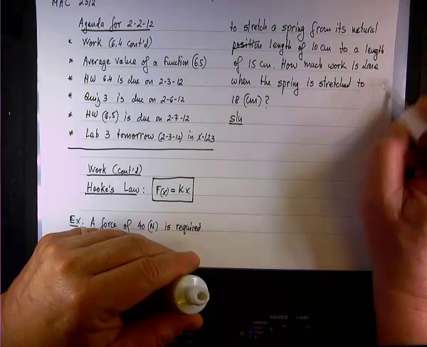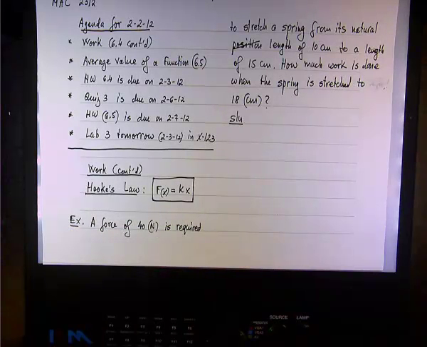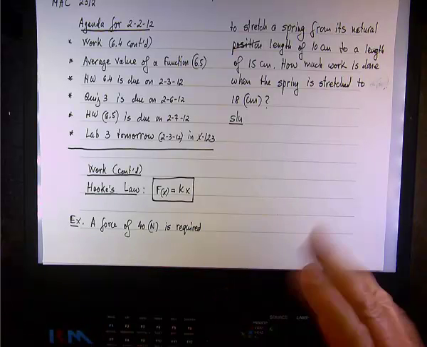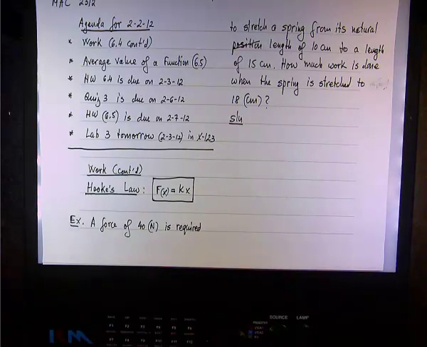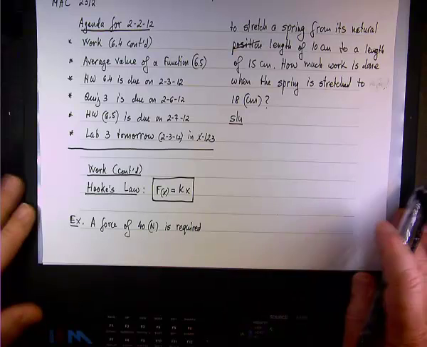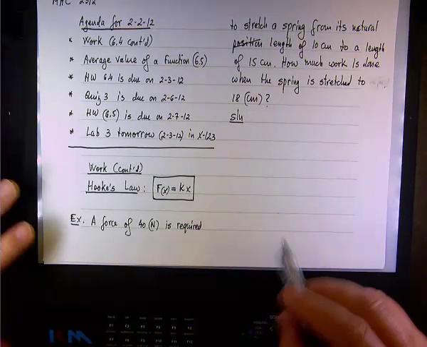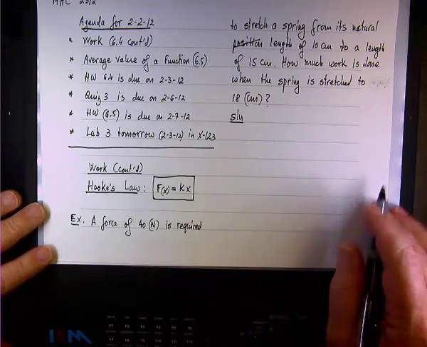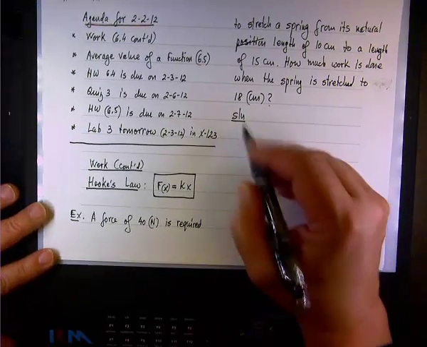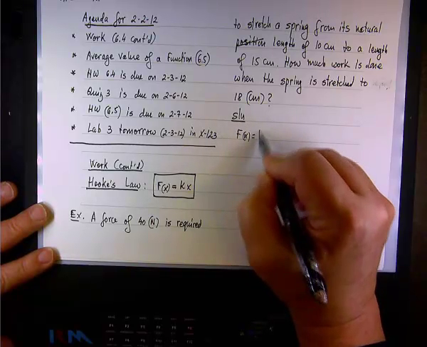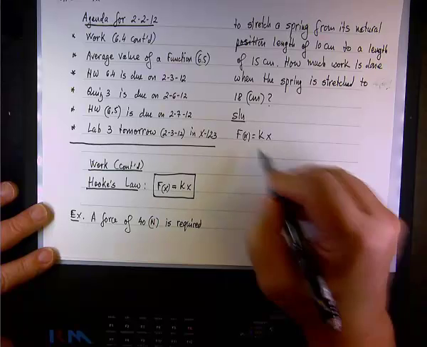Really, the first part, we'll use the information that we have, that a force of 40 Newton is required to stretch the spring from 10 to 15, to figure out what the constant is. So we're going to say the following. F of x is k times x, okay?